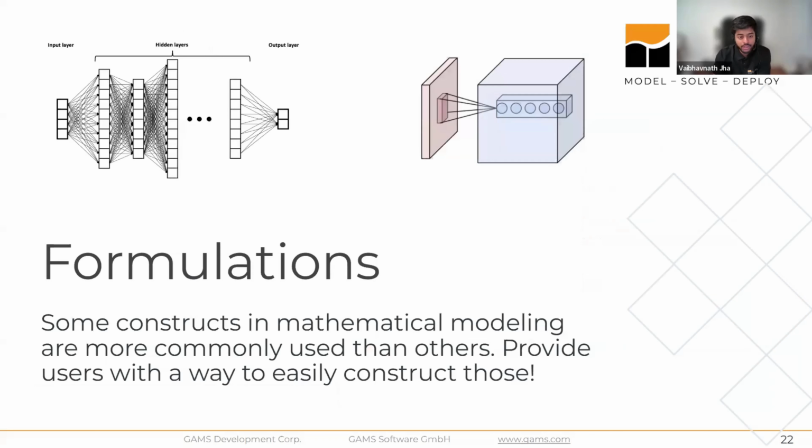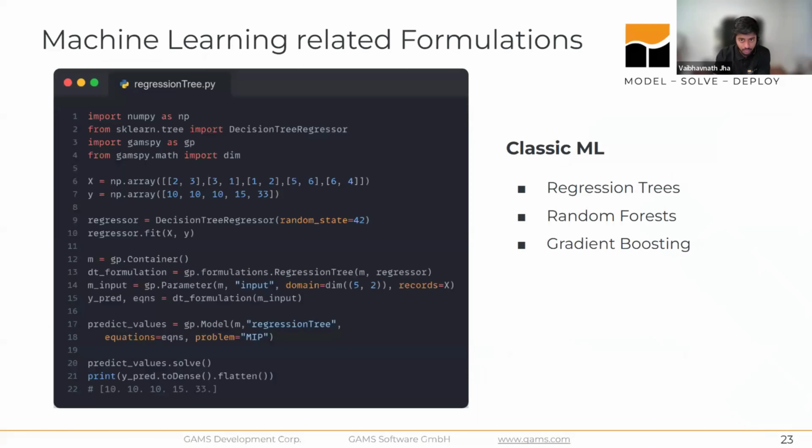On to the second core feature. With GAMSPy formulations, we provide support to embed constructs that are common in machine learning, like tree-based models, certain neural network layers, activation functions, or just in general piecewise linear functions, into a GAMSPy model. Here we have an overview of currently supported most common tree-based constructs.